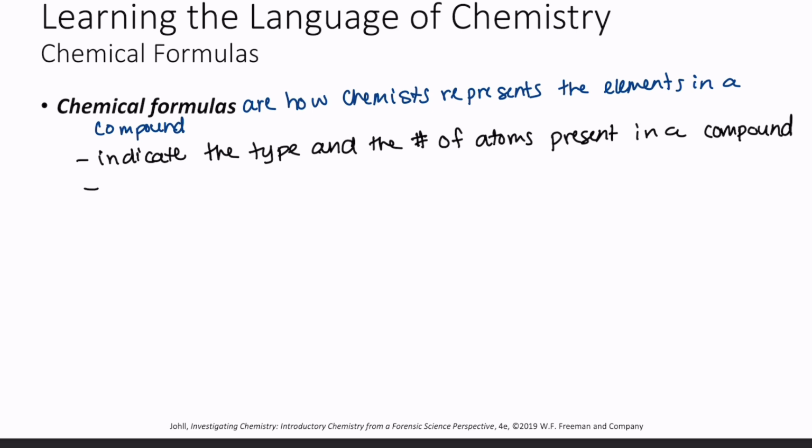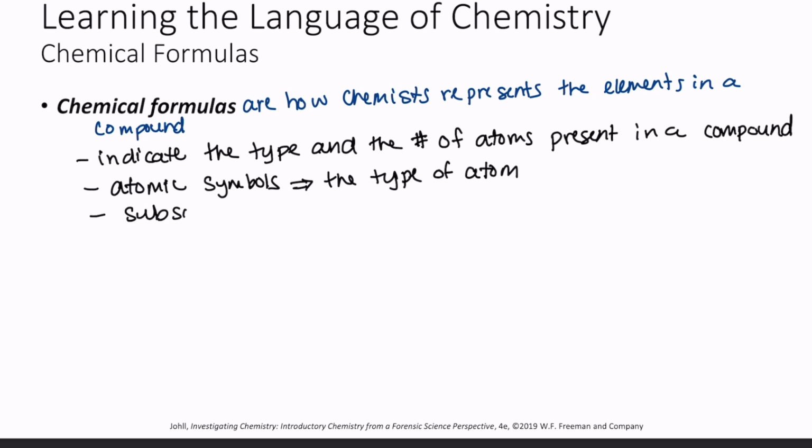So, we use the atomic symbols to represent the type of atom. And then we use a subscript. And that is generally to the right of the atomic symbol.